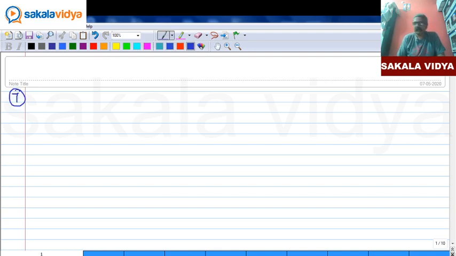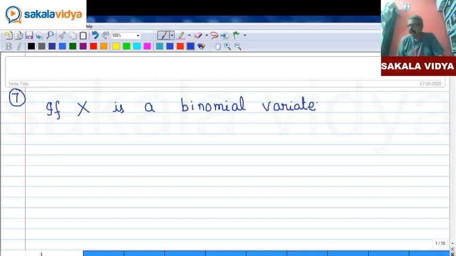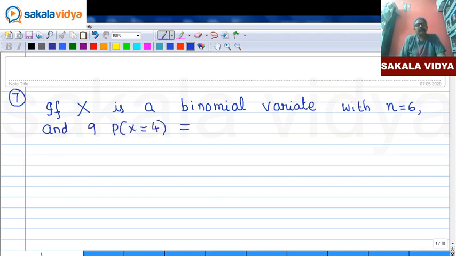Seventh one, if x is a binomial variate with n is equal to 6, and 9 into P of x is equal to 4 equals P of x is equal to 2.